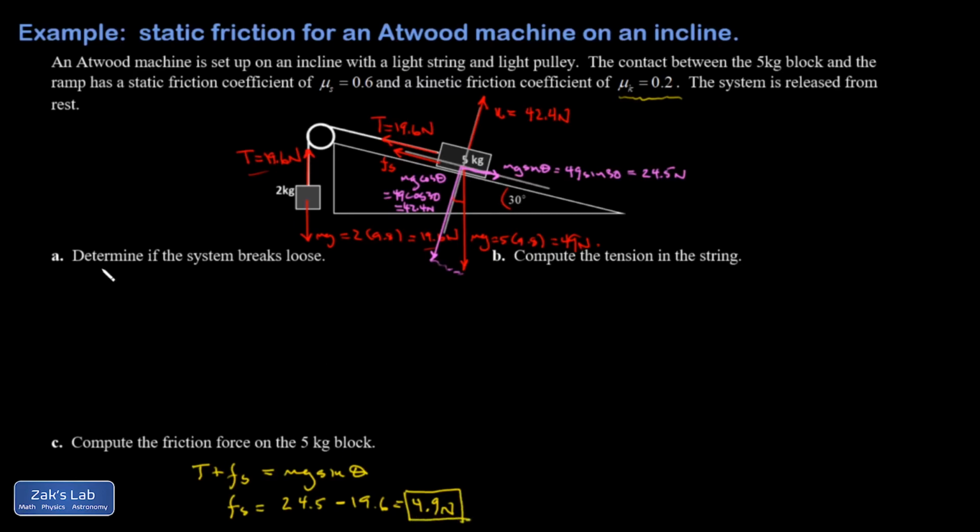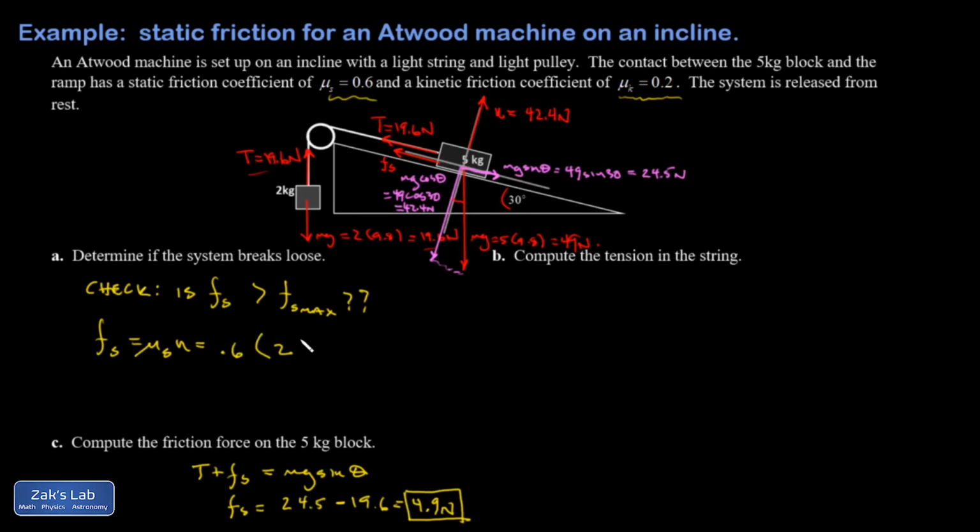And then I'm going to check: is Fs, assuming it doesn't break loose, greater than the maximum possible value? So let's compute the maximum possible static friction force. That's mu s times N. And that's 0.6 for mu s times the normal force, which was 42.4.